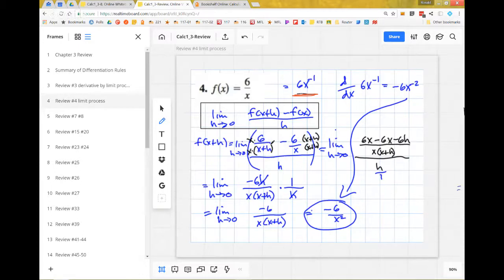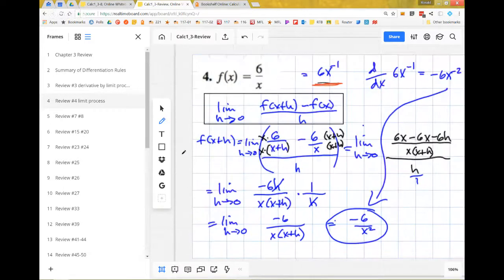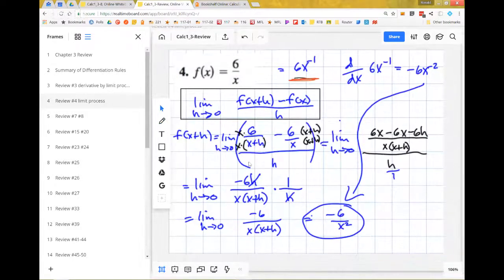So obviously, we've got to do something with this two-fraction subtraction on the top, and you can see what I did in black, and that is I need to get a common denominator, so I multiplied this one by x over x and this one by x plus h over x plus h, and then that gives me the common denominator x times x plus h, and now I can literally subtract the top.